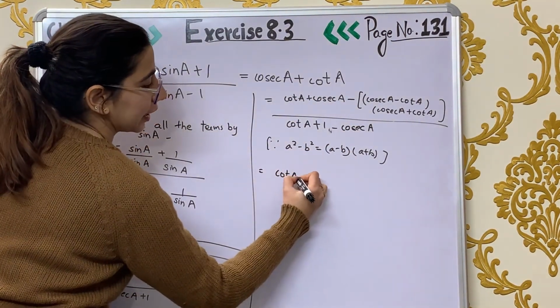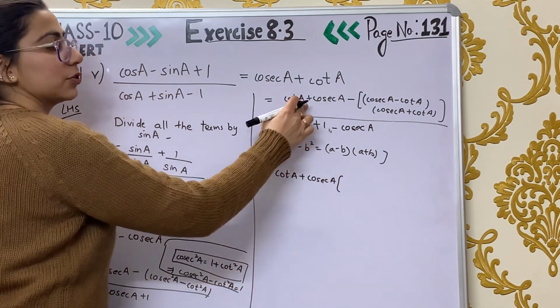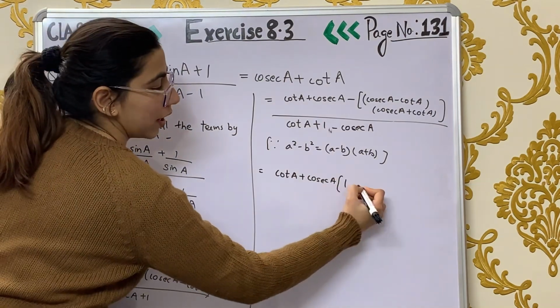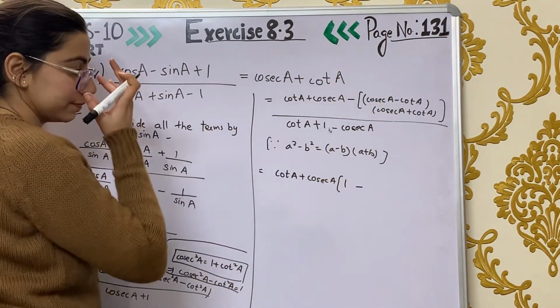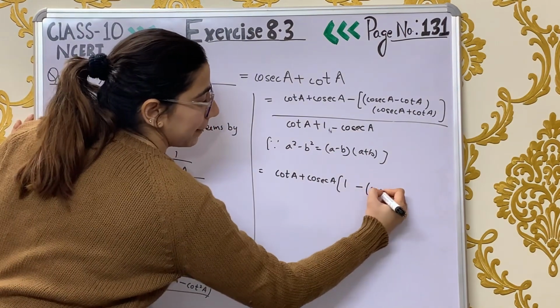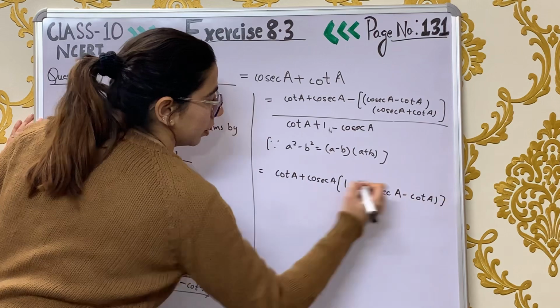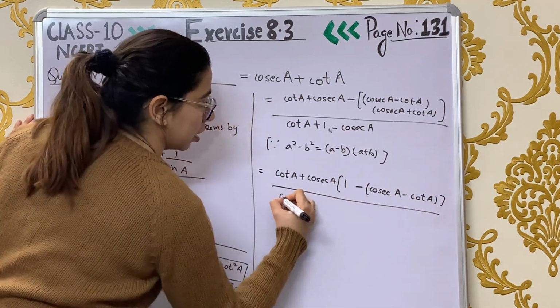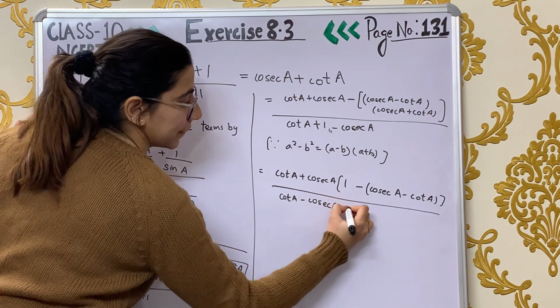So cot A plus cosec A, we have taken common, so here just remains 1. So 1 minus, we are left with cosecant A minus cot A. So it's going to be 1 minus cosecant A minus cot A divided by cot A minus cosecant A plus 1.